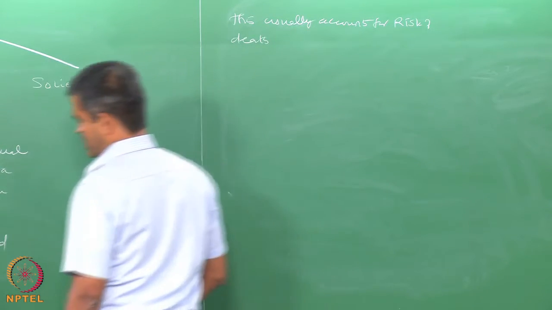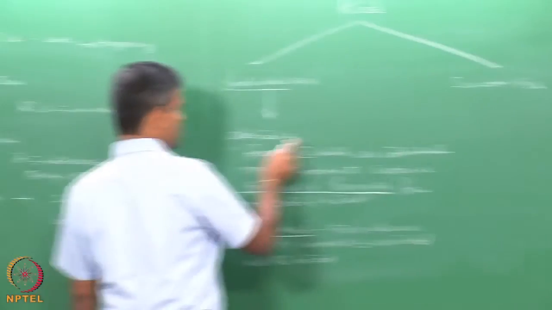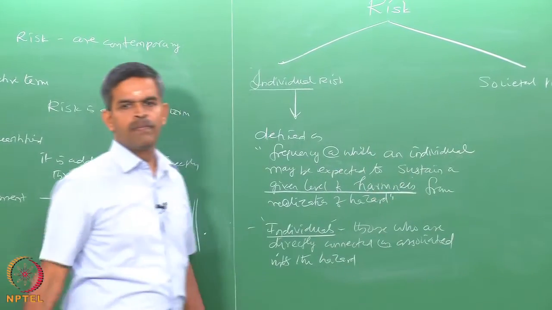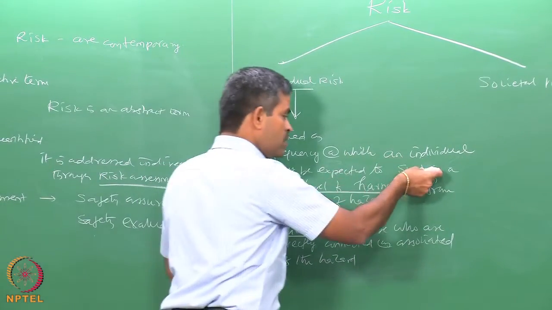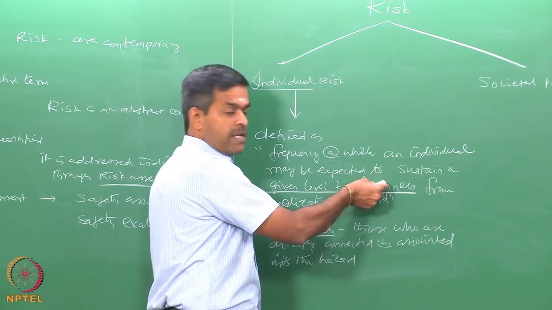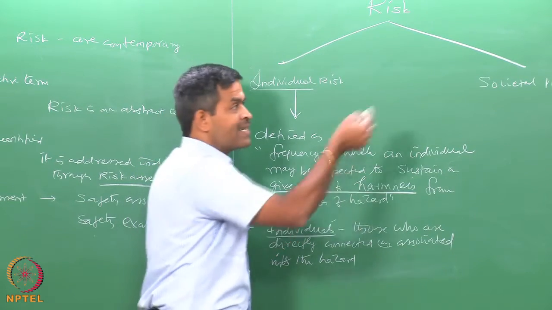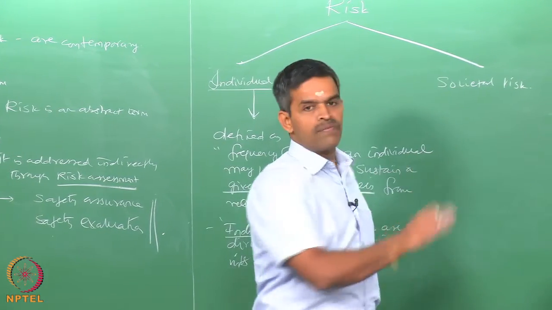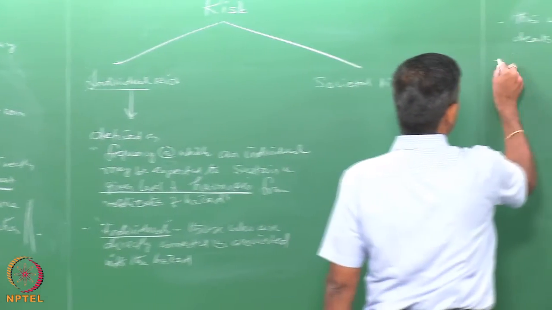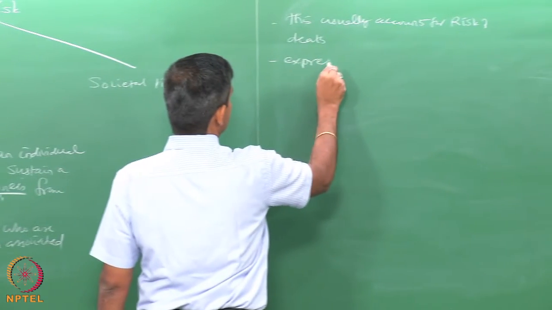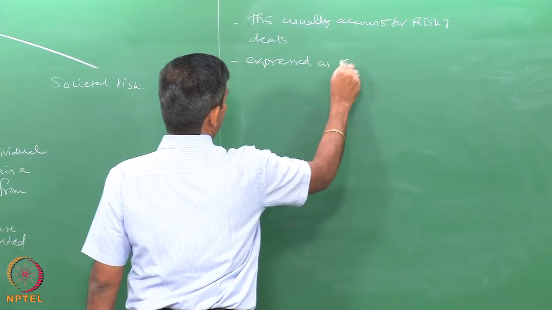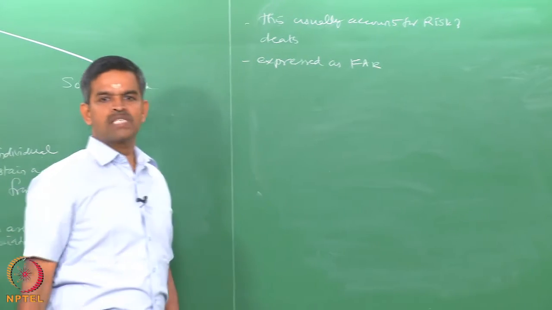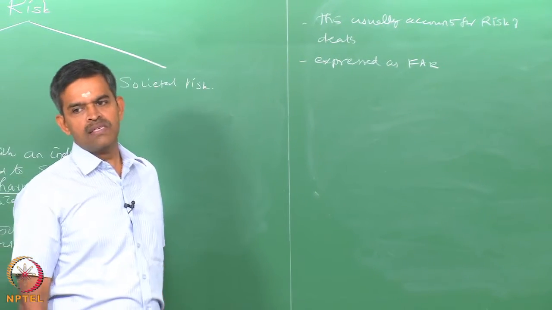So, we can define this statement: frequency at which an individual is unable to sustain a threshold value of harm caused by an exposure, resulting in a fatal end. Okay? So, it usually accounts for risk of death expressed in terms of FAR, where FAR stands for fatality accident rate.